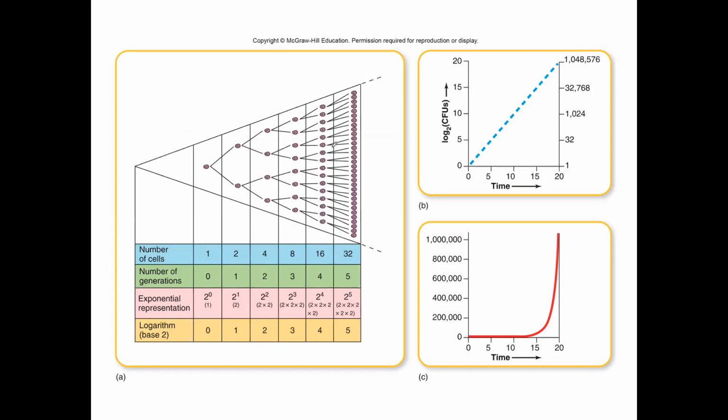And so we can plot those changes in numbers. If we were to take these numbers and draw them on regular graph paper, it would look like this, right? We start with these low numbers and then we take off. So we make this curve, and this is what's called exponential growth.